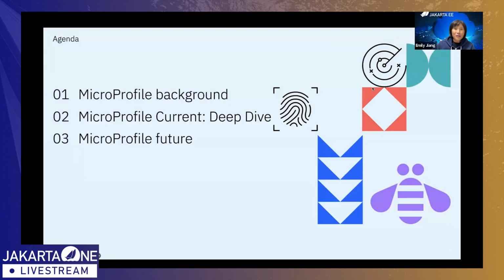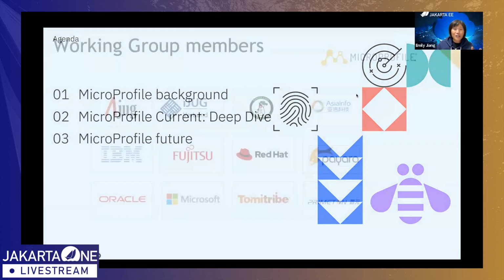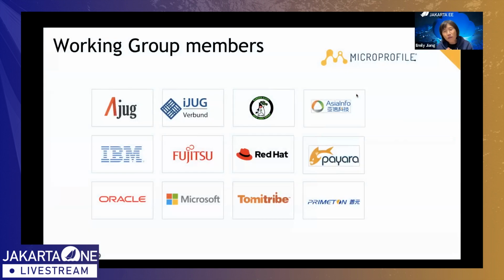First I will talk about the background, and then I will do a deep dive, and then finish with the future. MicroProfile is an open source project under Eclipse Foundation.